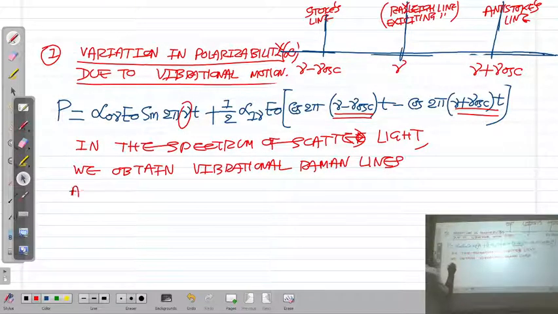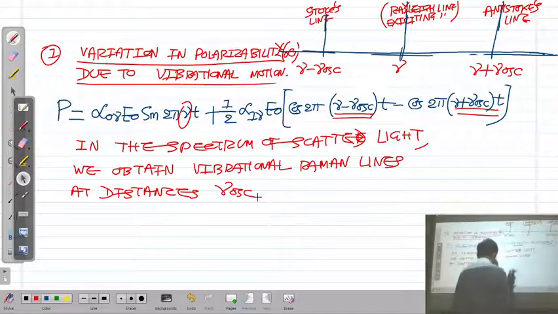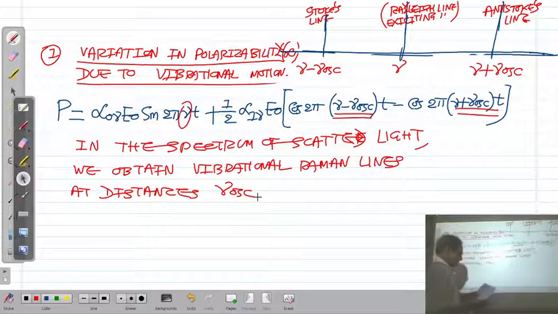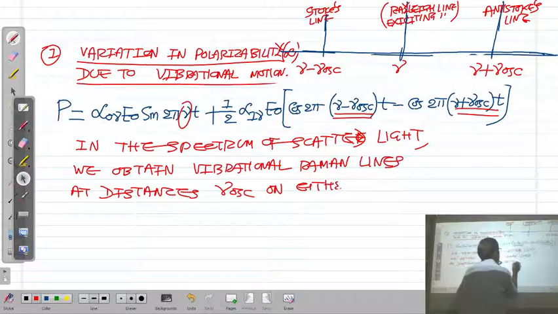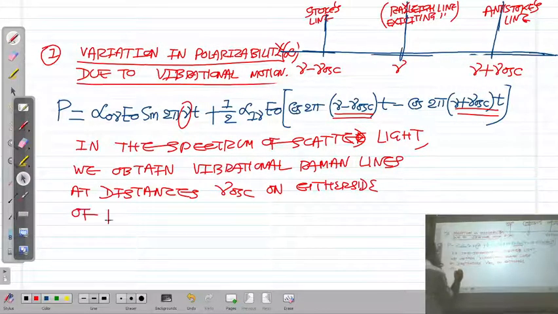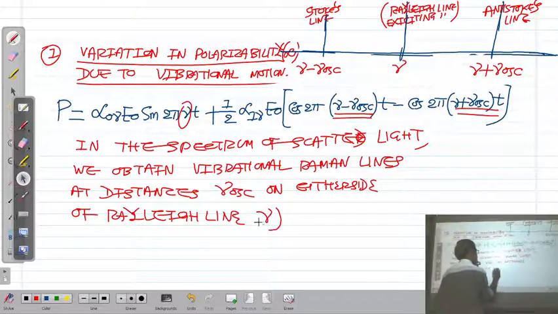At distances nu oscillation, okay? The distance is nu oscillation on either side of the Rayleigh line. Right?